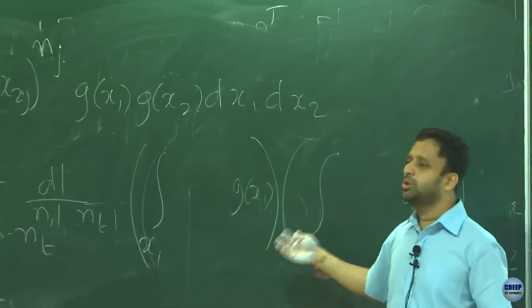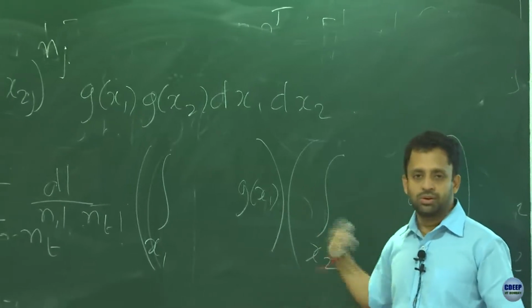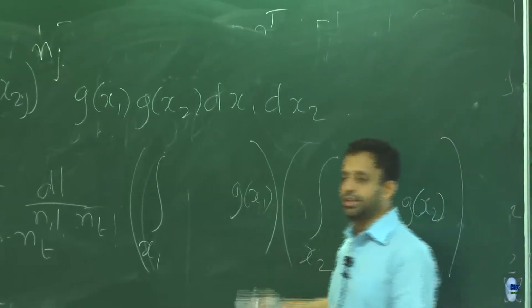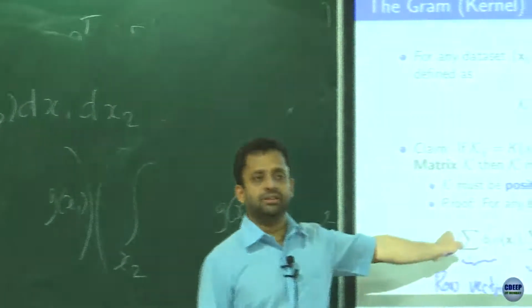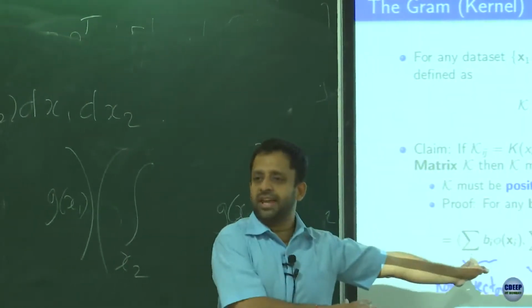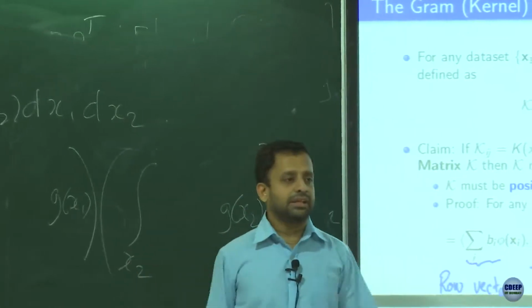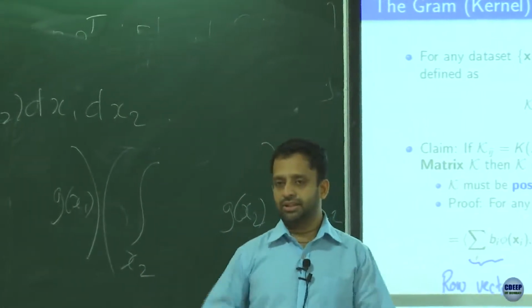That's a square, and you know that g is square integrable, so that's how you basically get this whole thing to be finite. The same idea: if you understand the finite case, the infinite case is simply a generalization of that to infinite dimensional space.